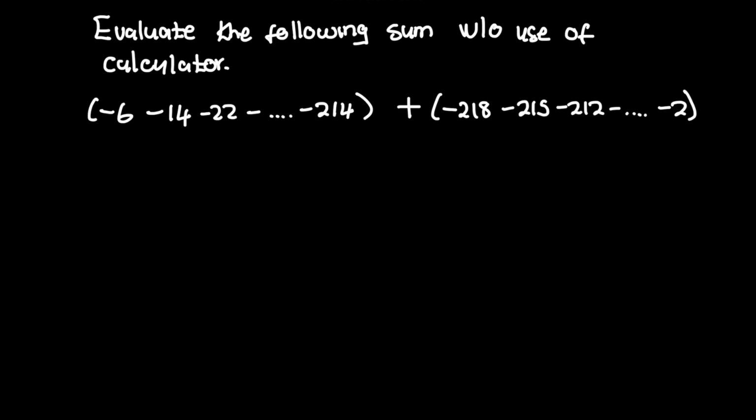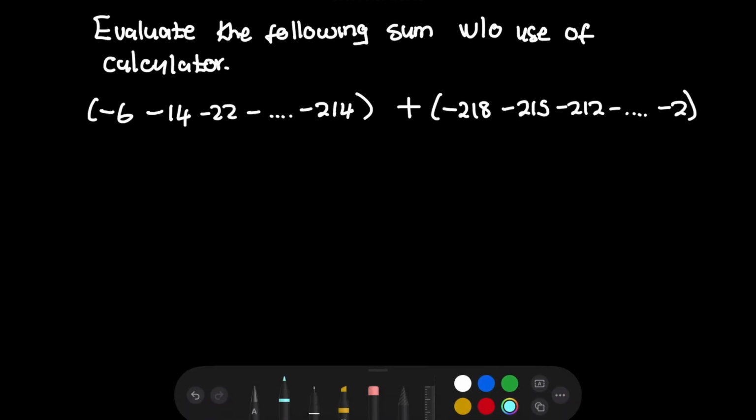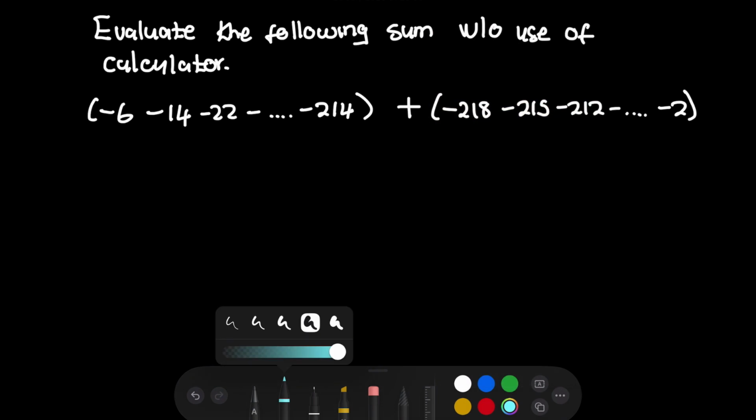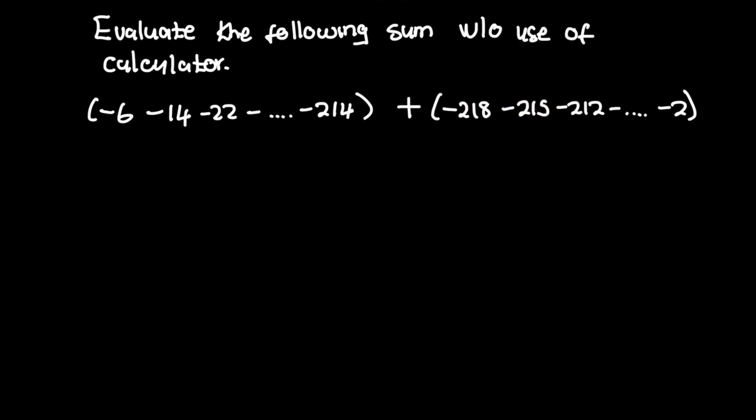I'm going to use different colored pens, so I'm going to use blue on that one, which is A. Let's see our difference. Negative 14 minus 6 is going to give you minus 8. Don't forget to analyze.